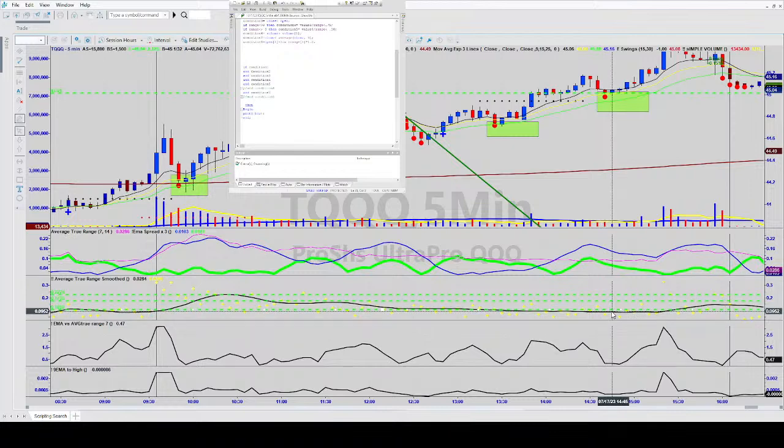So I could make the range has to be higher, but then what will it do for these? It could possibly nix one, but it wouldn't get them both. Or I could say the smooth moving average has got to be over that certain level, but then I lose this one.